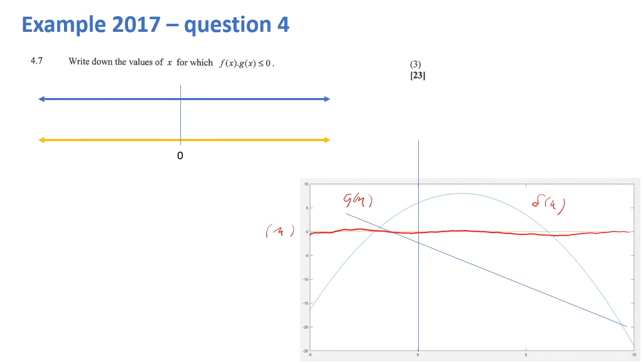The first thing, I've indicated in blue over here: this blue line corresponds to the function f(x), and this yellow line to the function g(x). For the parabola, where it's going to have negative values is from these roots, smaller than the negative root but larger than the positive root.